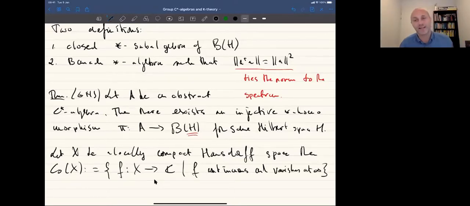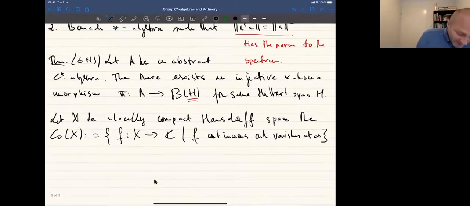Now this notion of vanishing at infinity, especially the first time you see it, you need to define it carefully, but it means that these functions f, if X is not compact, become as small as you like outside of compact subsets. So f vanishes at infinity if for every epsilon greater than 0, there exists some compact subset such that outside of this compact subset, f is smaller than epsilon in absolute value.